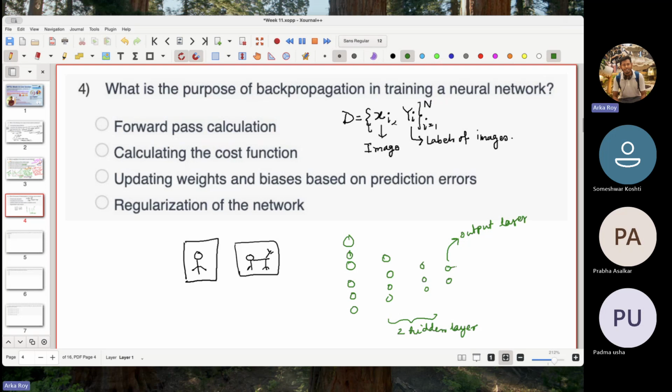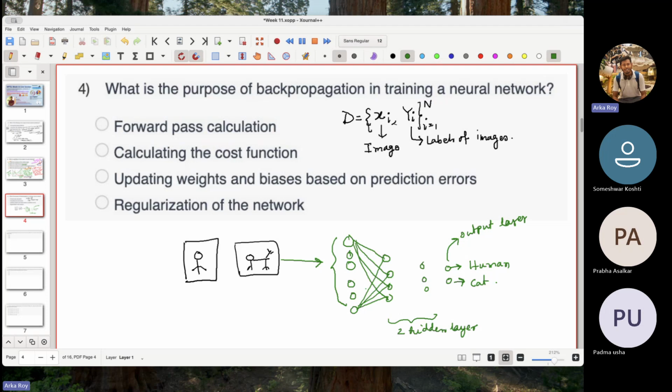At the output layer, node 1 will tell you that this is a human, and node 2 will tell you this is a cat. At the input side, you will feed the images. And these are the connections of the weights.